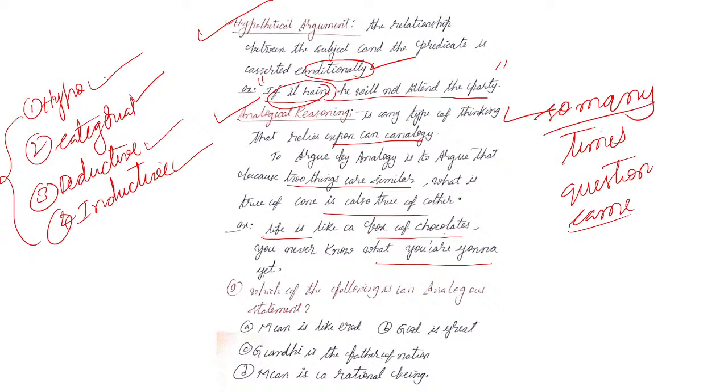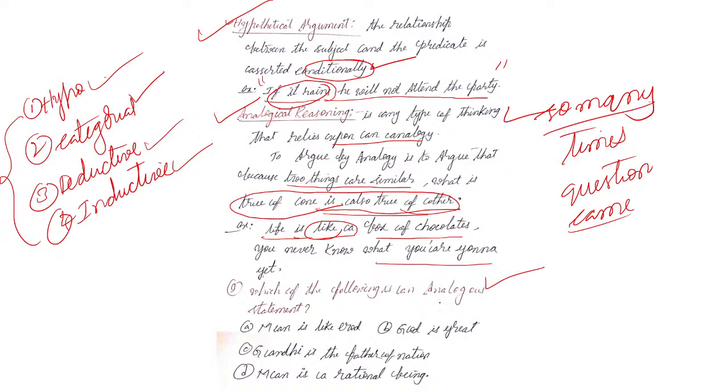That means what is true of one is also true of another. There is a comparison between life and a box of chocolates. If there is a comparison like this, it is called analogical reasoning.